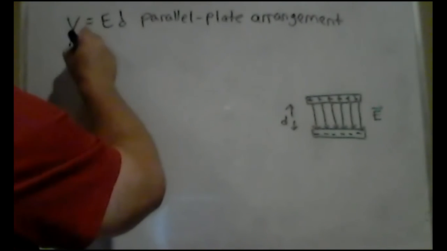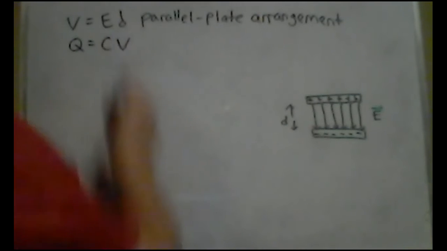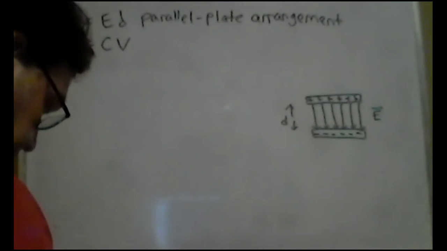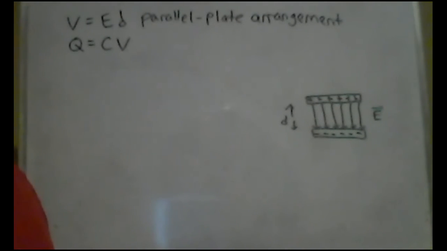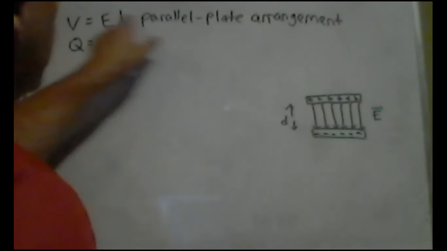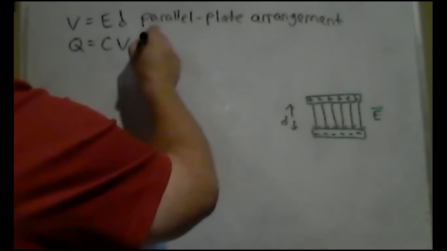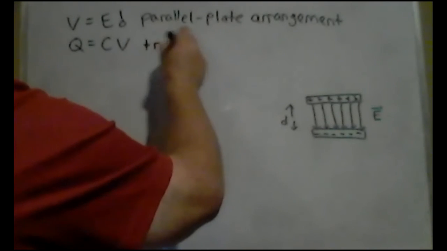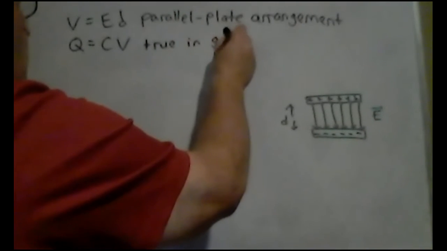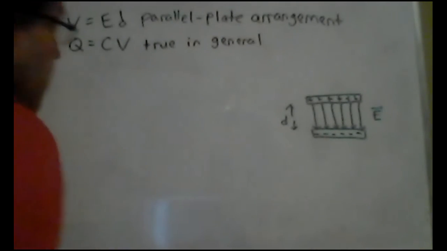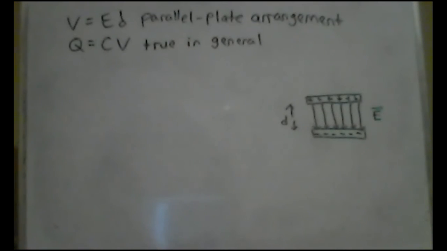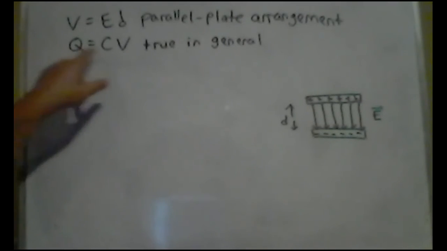We also know, in general, that Q equals CV. And I also said that. Now those are two, I mean, again, this is in general. This is only for a parallel plate arrangement. This is true in general. So what I want to do is I want to be able to actually write Q equals CV.